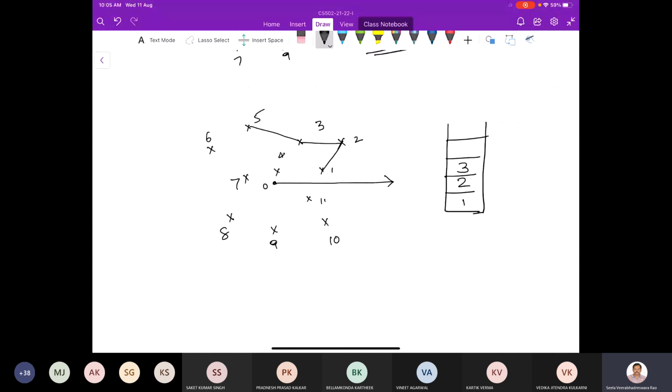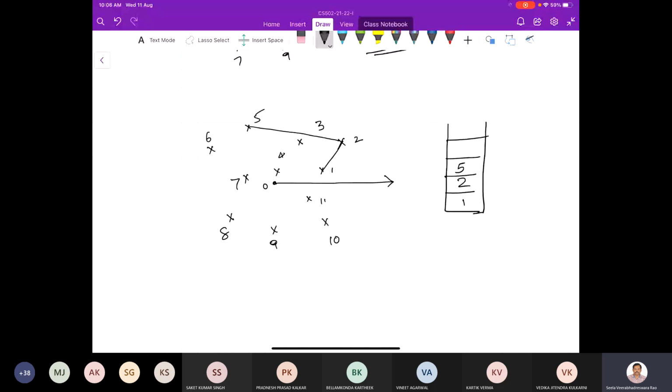We pop this 3 from the stack. That means we have to check the next one: 1, 2, 5. 1, 2, 5 is making a left turn, so we move forward by pushing 5 onto the stack.